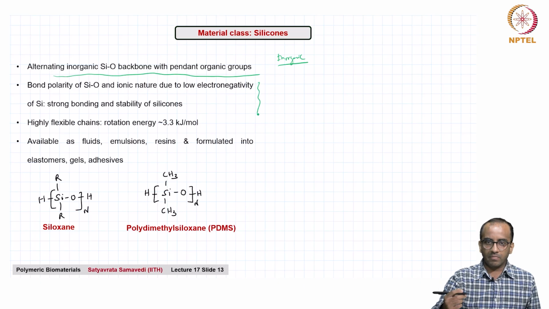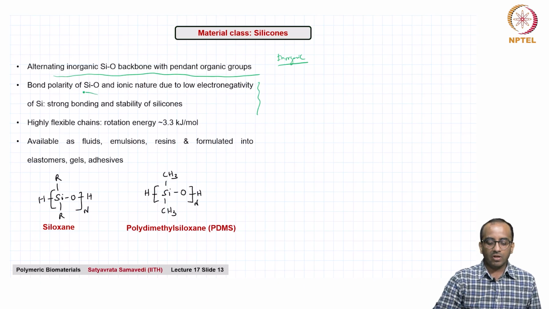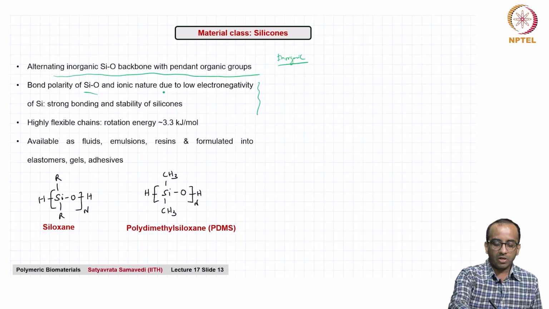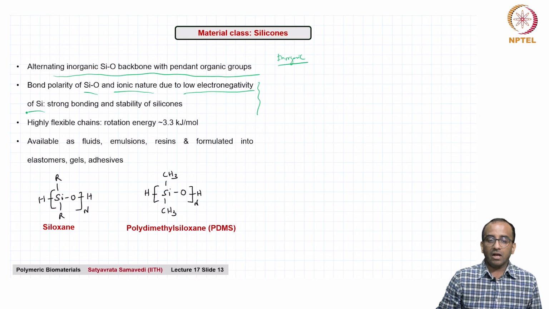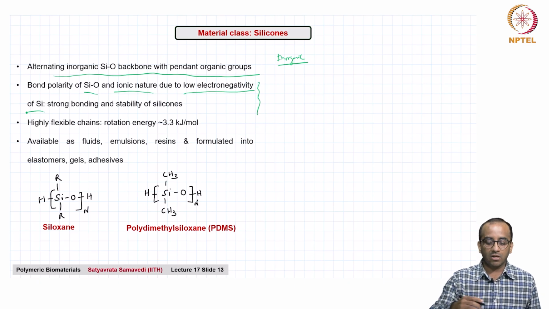Silicones also have some very unique properties because of the bond polarity of Si-O and ionic nature arising from the low electronegativity of Si, which leads to exceptionally high stability of silicones in many applications.